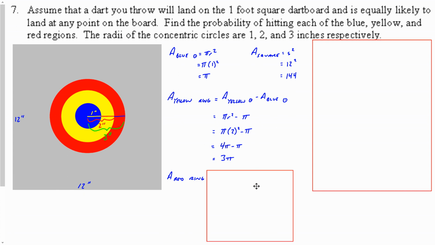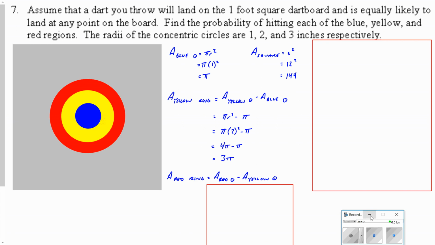Now, the last area that we have to find is the area of that red ring. That red ring, I could find the area by taking the area of that red circle and subtracting the area of that yellow circle. So here we see that we're taking the area of the red circle and subtracting the area of the yellow circle.